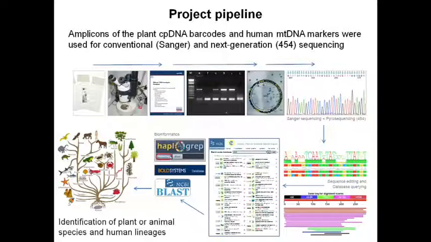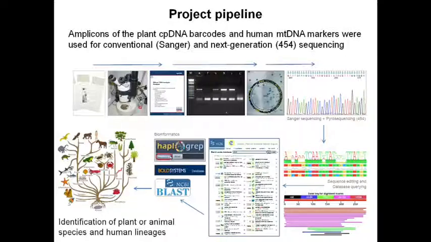Target regions were PCR amplified, and the amplicons of the plant chloroplast DNA barcodes and human mitochondrial DNA markers were used for sequencing using conventional methods like the Sanger method or next-generation sequencing methods like the 454 method.